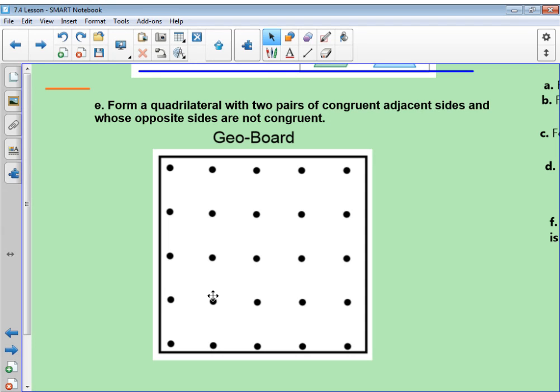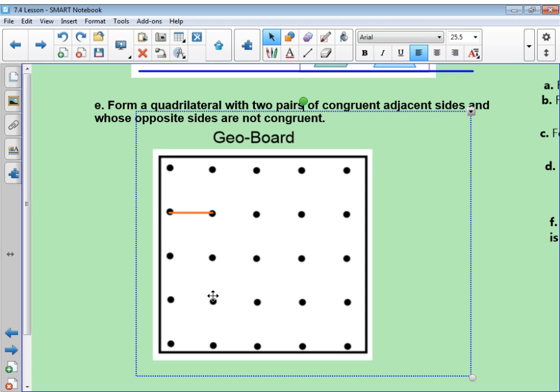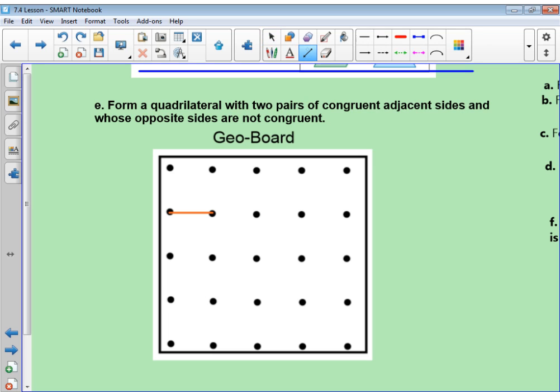So let's draw, we'll use this. And then adjacent, so we can do the same thing. Okay, so those are congruent, they're equal. And whose opposite sides are not congruent.